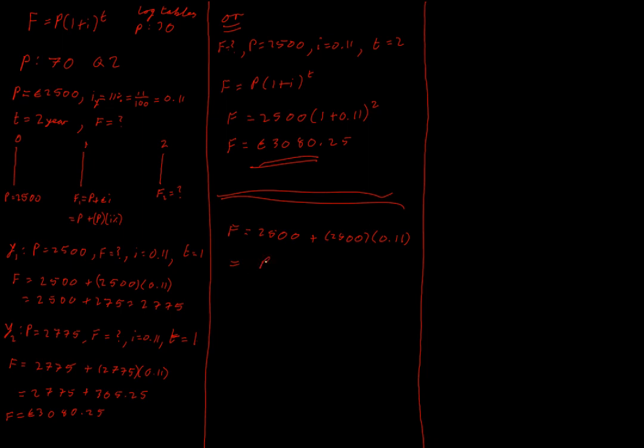F is equal to P plus 2,500 is P times my interest rate, which is I. That's this line rewritten algebraically.